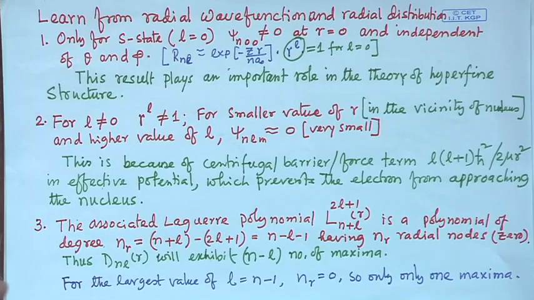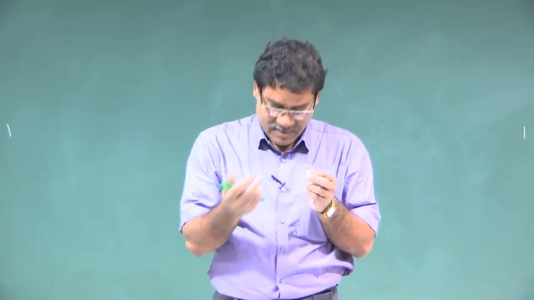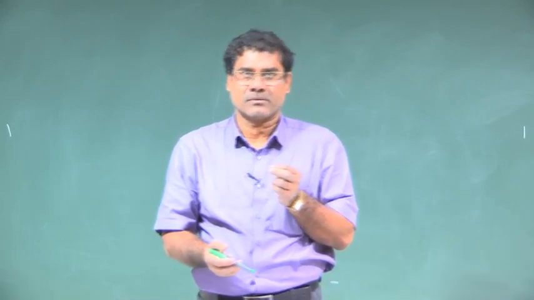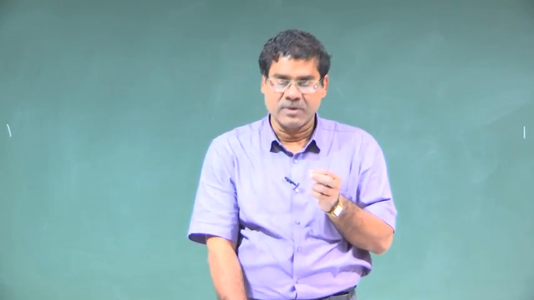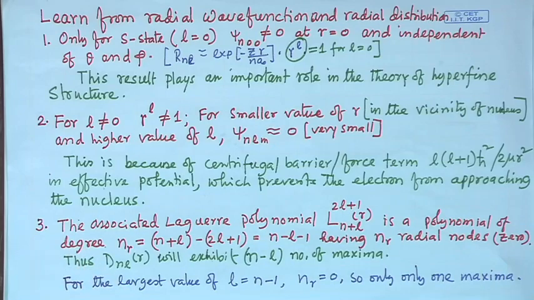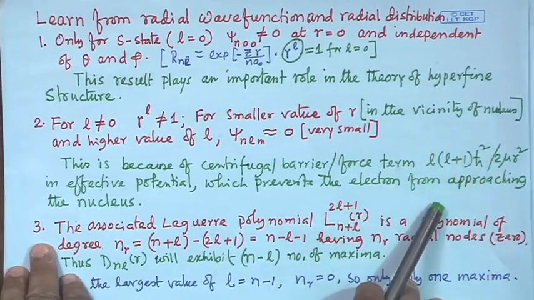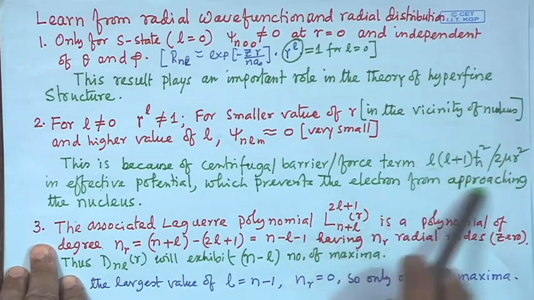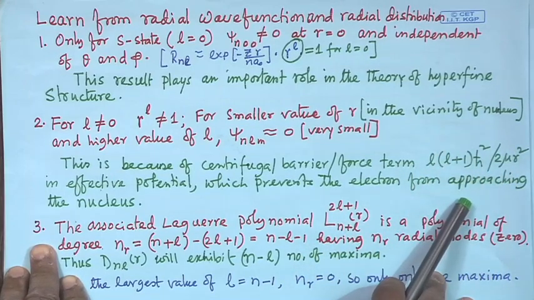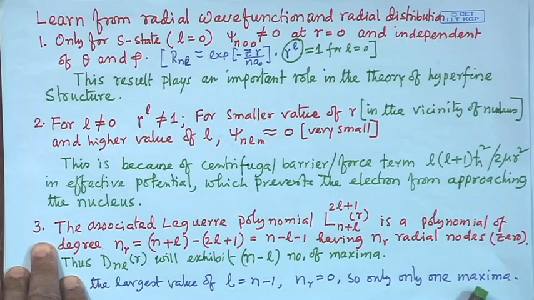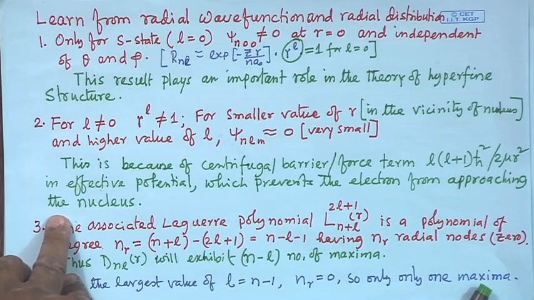What was that potential? Z e square by r, and with that another term, L(L+1) h cross square by 2 mu r square. That also comes. So this together is called the effective potential, and in that effective potential the centrifugal barrier term is there, and that prevents the electron from approaching towards the nucleus.